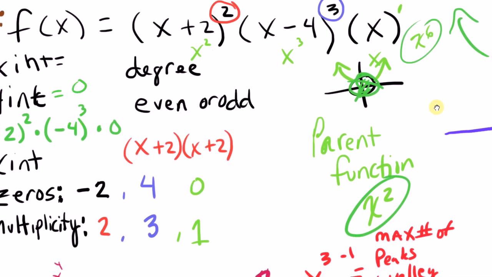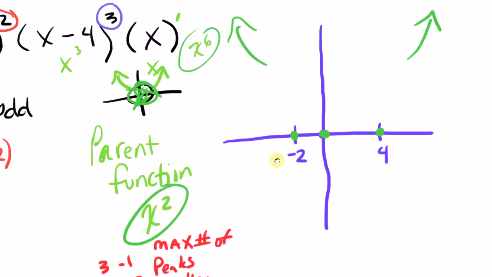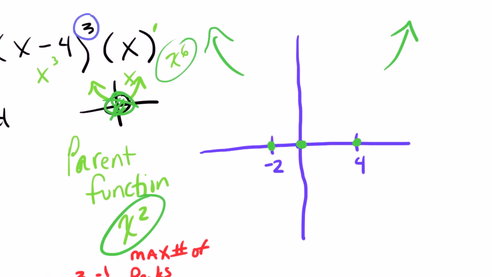Alright, so here's what is going to happen. The graph has to come from up here, and it has to go up here, right? It's got to pass through this point, has to pass through this point, has to pass through, wait, that doesn't make sense. Oh. It doesn't have to pass through.